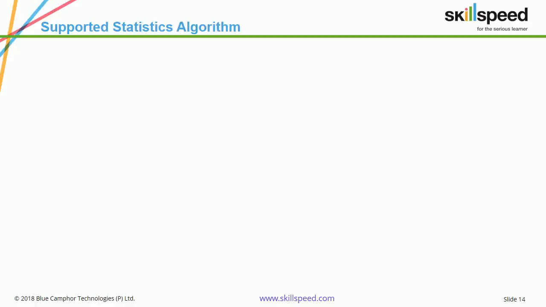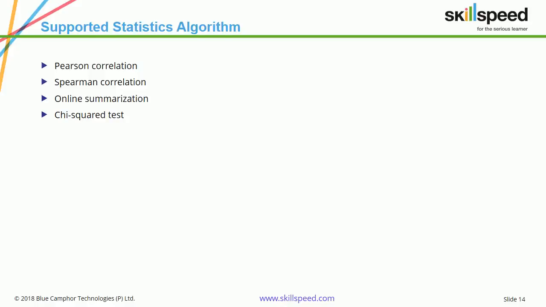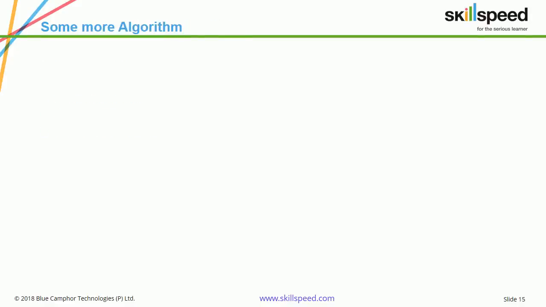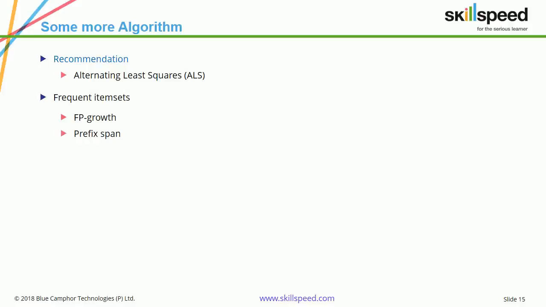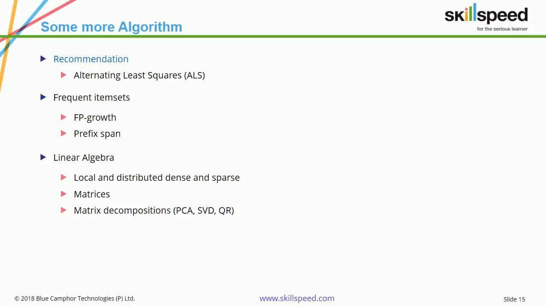When we move towards the statistics algorithms, we have Pearson correlation, Spearman correlation, online summarization, chi-squared test, and kernel density estimation. Like I said, under recommendation we have ALS, which we have already discussed. For frequent item sets, we have FP-growth and PrefixSpan. In linear algebra, we have local and distributed dense and sparse matrices and matrix decomposition.